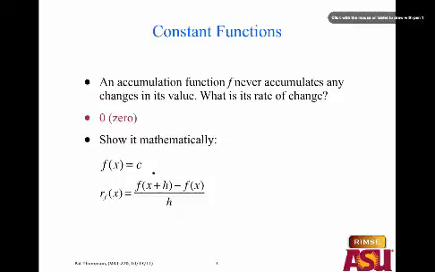The output is c. So when we put in x plus h, what are we going to get? C. When you put in x, what are you going to get? C. Okay? So, therefore, what's the rate of change? C minus c over h. 0.